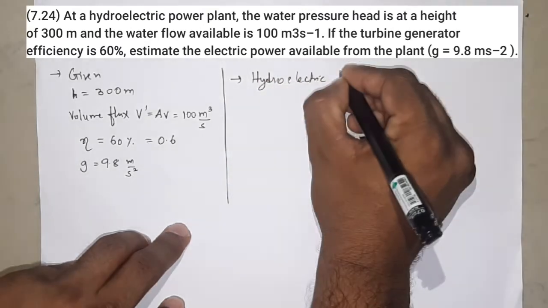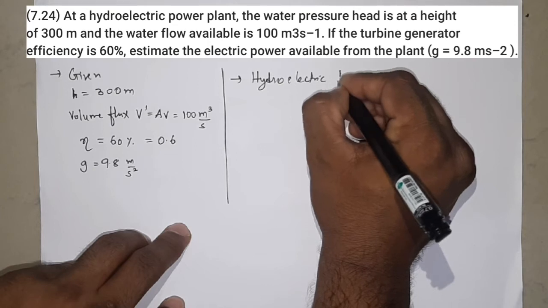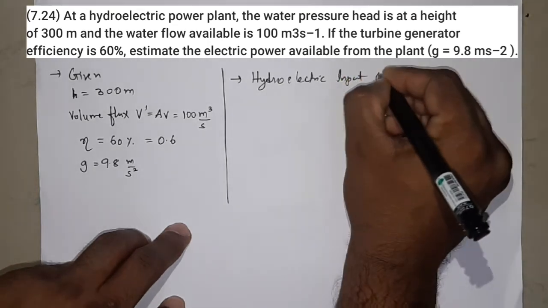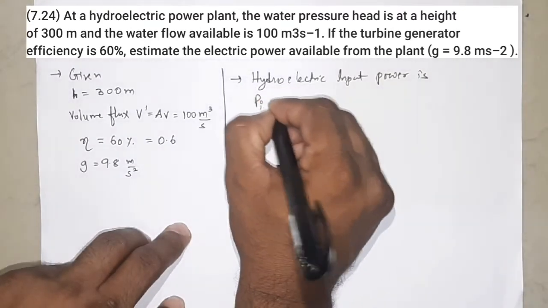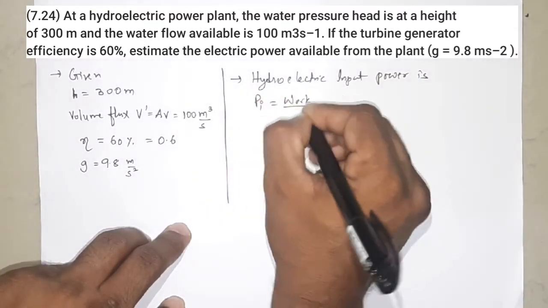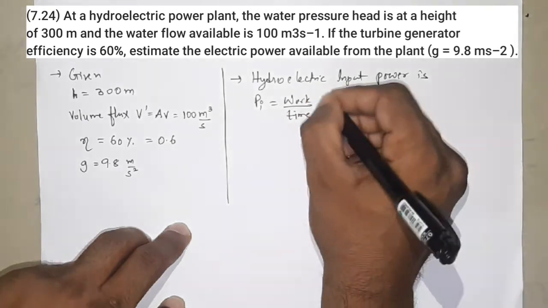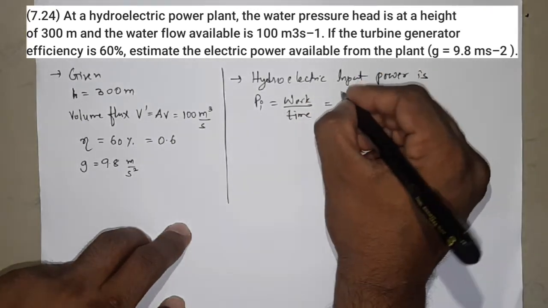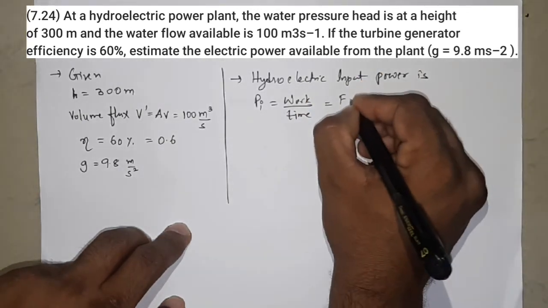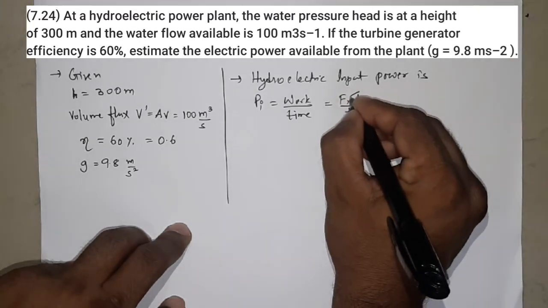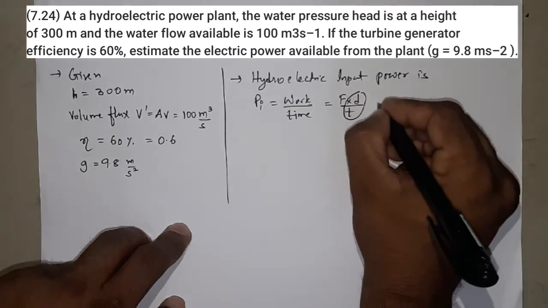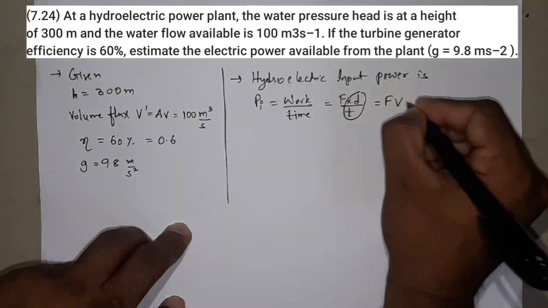Hydroelectric input power Pi is equal to work upon time. Work is force into displacement, so work by time is force into velocity, F into v.